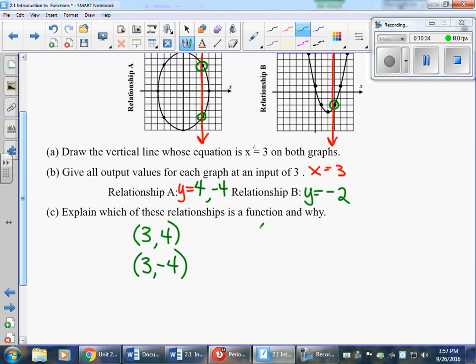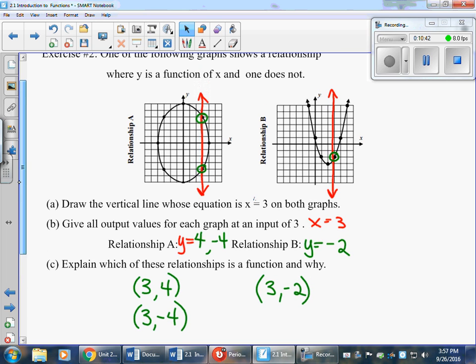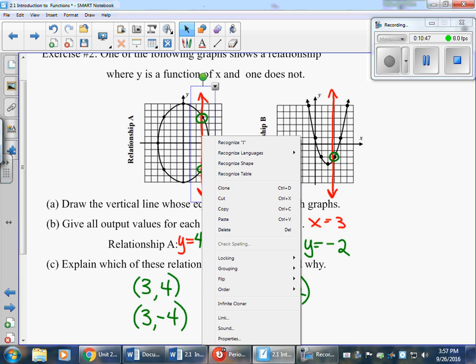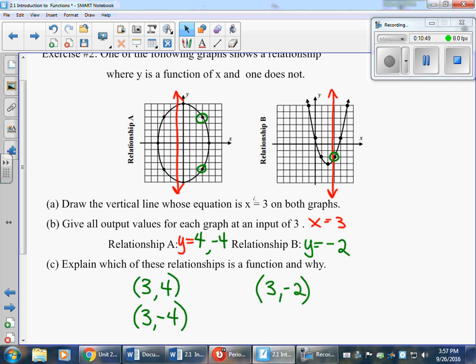Now, something to consider is if we move this around, we're looking at A right now, and if I move this line from side to side, you can see at one point it's only hitting in one spot. So some people might say, well, that could be a function, but because you can move it and it has to hit all spots only in one, you can see how this is clearly not a function.